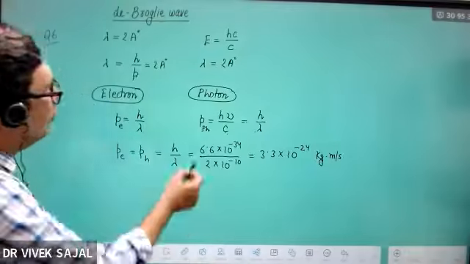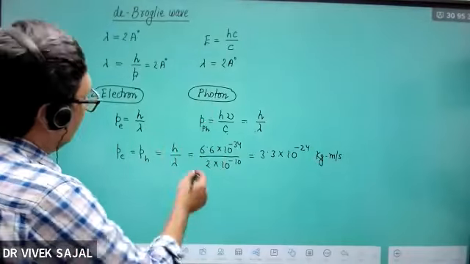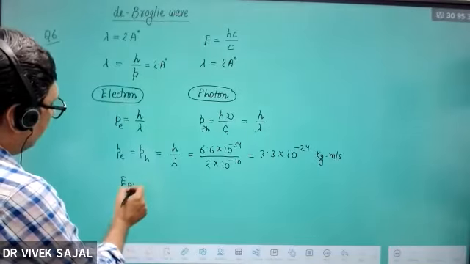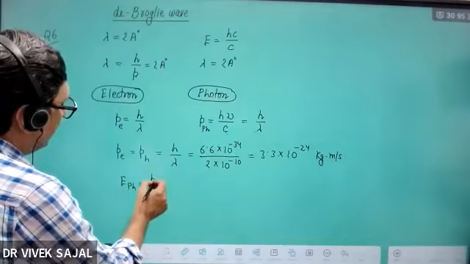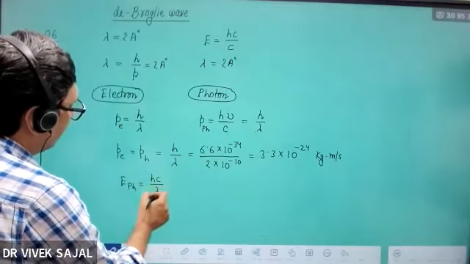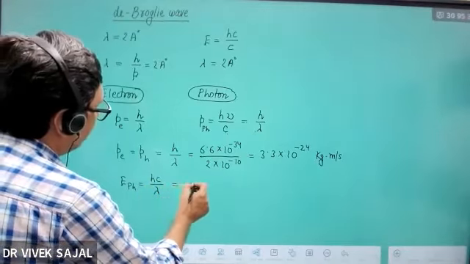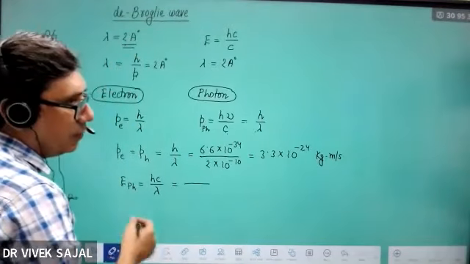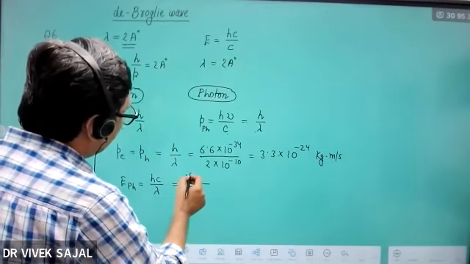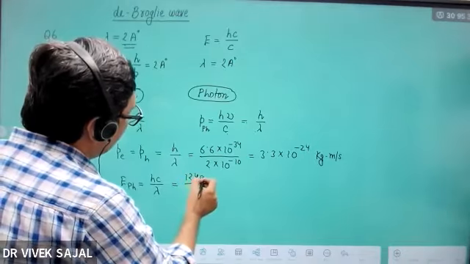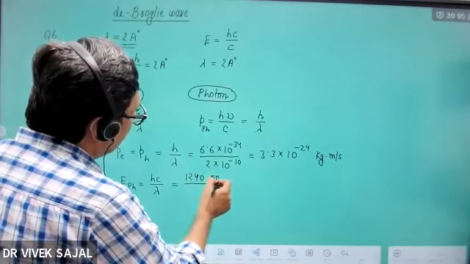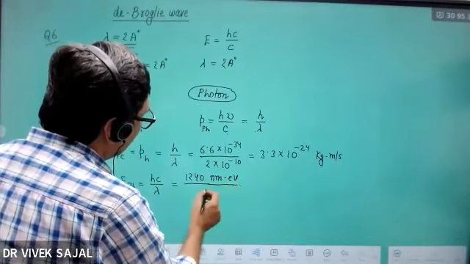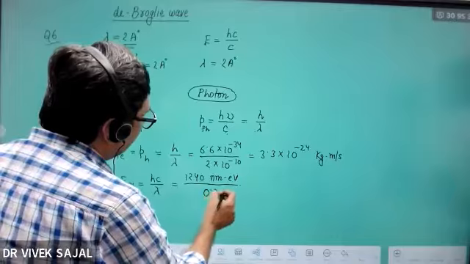Now if you find out the energy of the photon, that will be hc upon lambda. They are providing us 2 angstrom. If I convert it into nanometer, I can write 1240 nanometer electron volt divided by 0.2 nanometer.